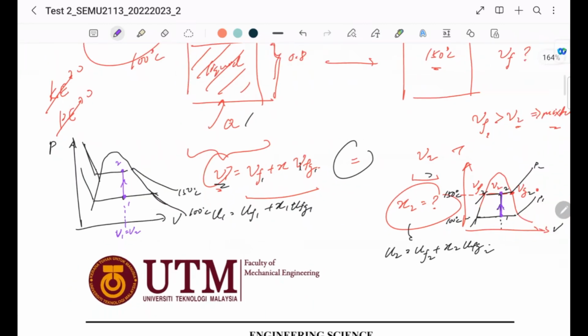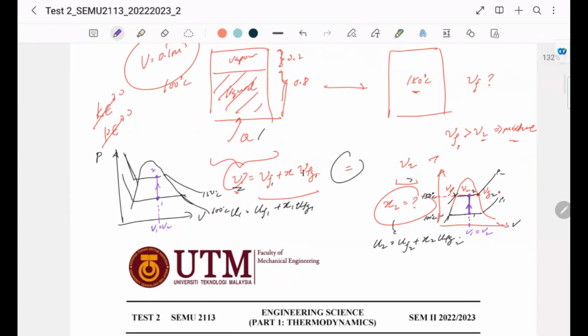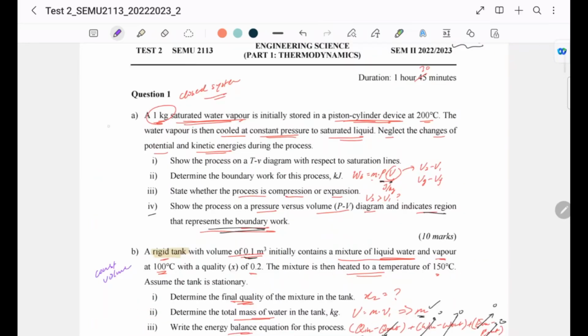So really both are straight lines going up, because it's a constant volume, a rigid tank. So what we're dealing with here is a constant volume problem, and here is a moving boundary problem. So far, with this past year question.